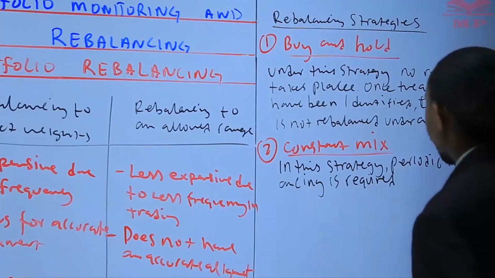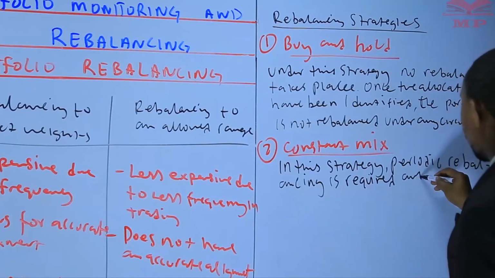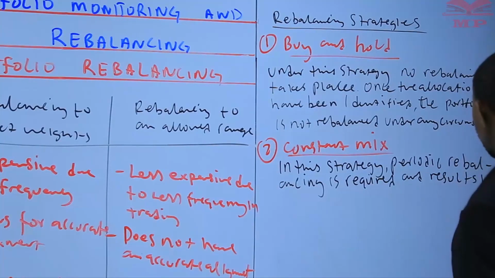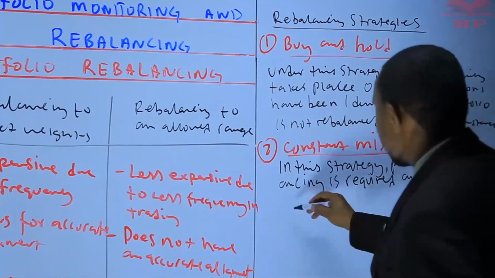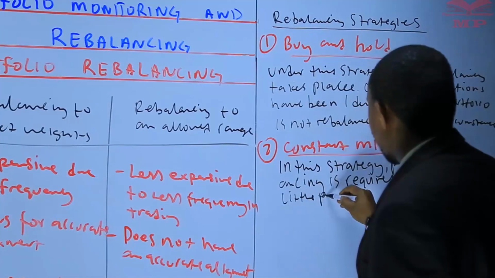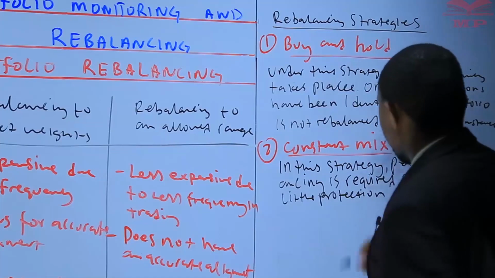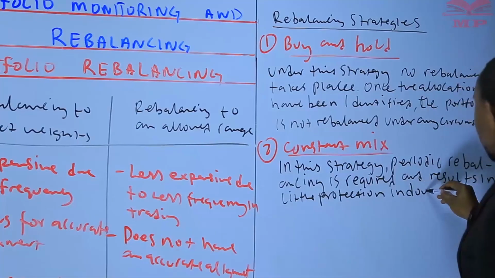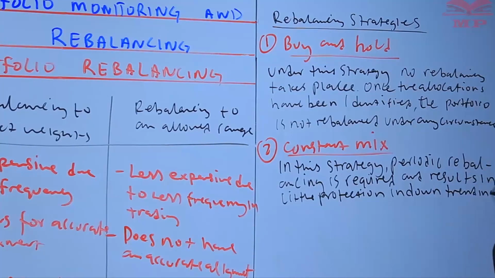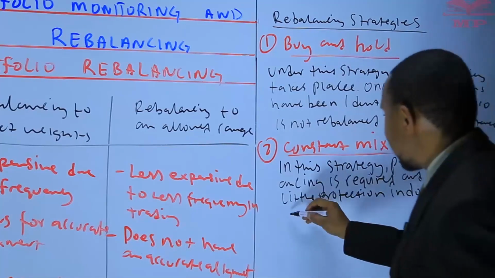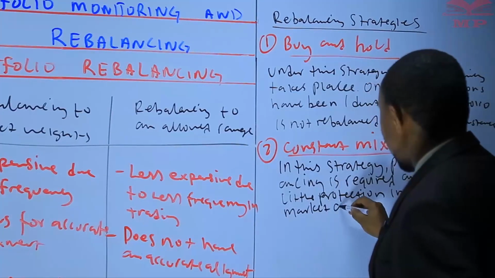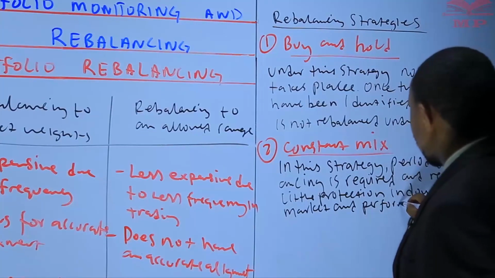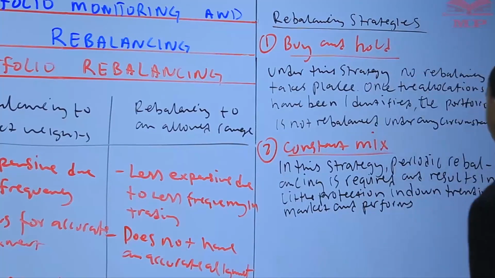Periodic rebalancing is required and results in little protection in a downtrending market, and performs poorly in up markets.